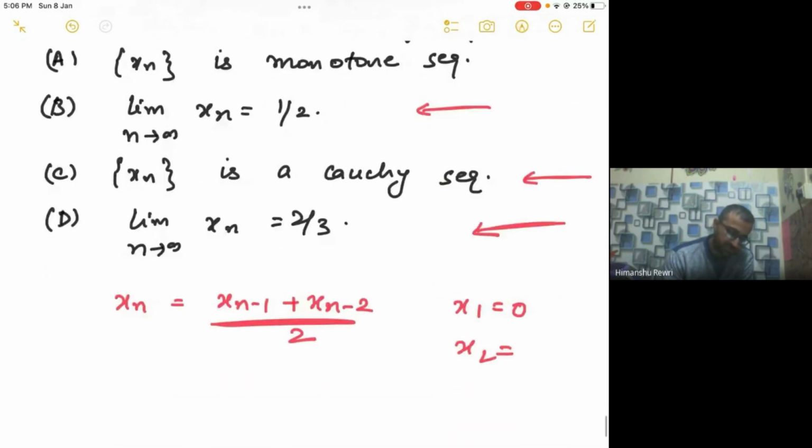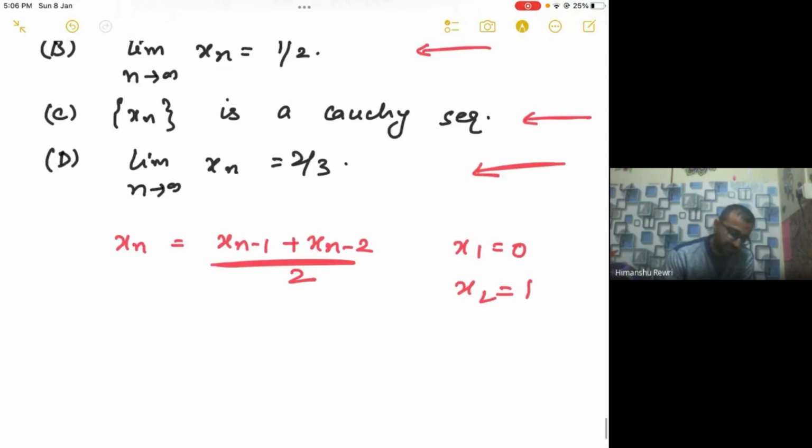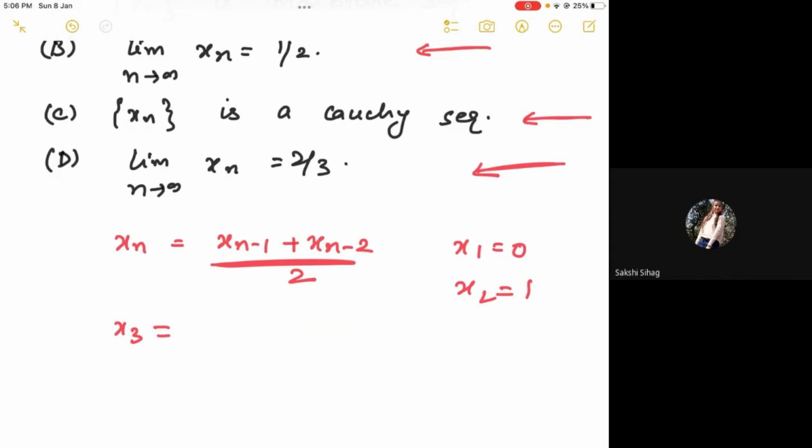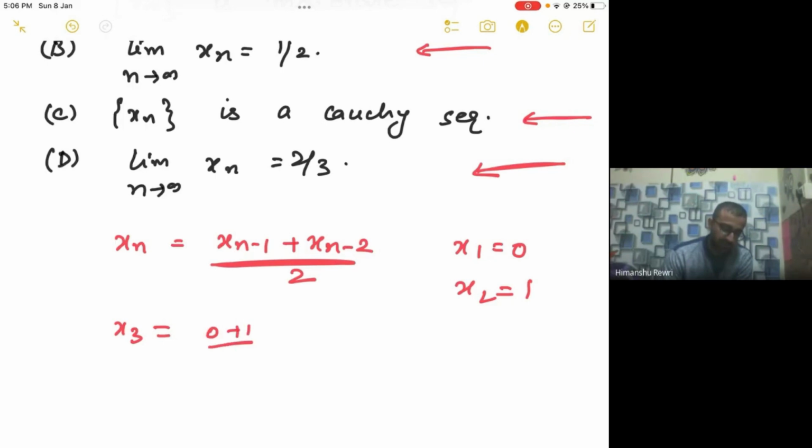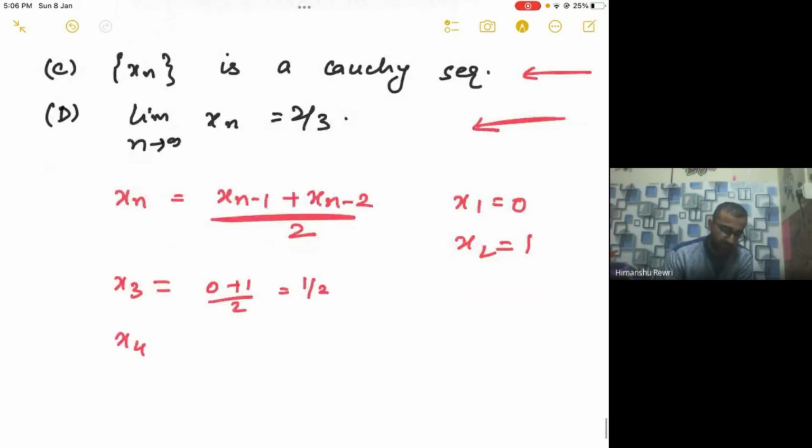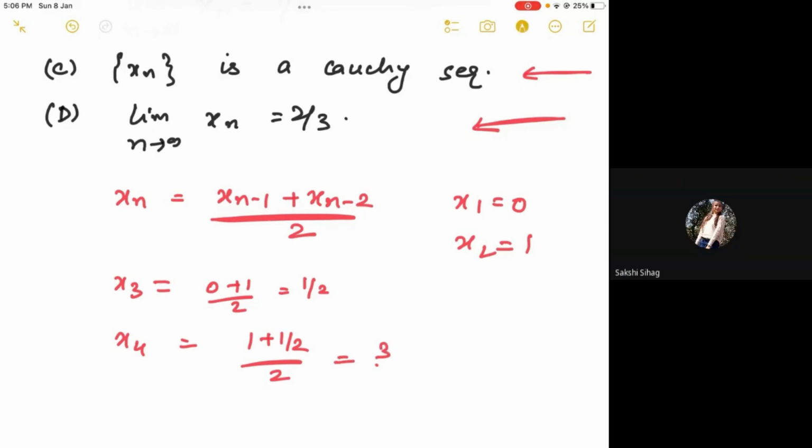X2 is 1. Okay, so what is our x3? X3 is 0 plus 1 by 2, which is 1 by 2. What is x4? 1 plus 1 by 2 divided by 2, which is 3 by 4.